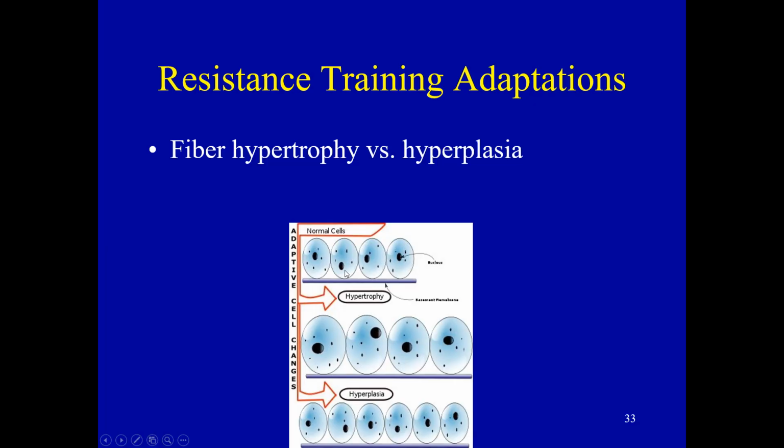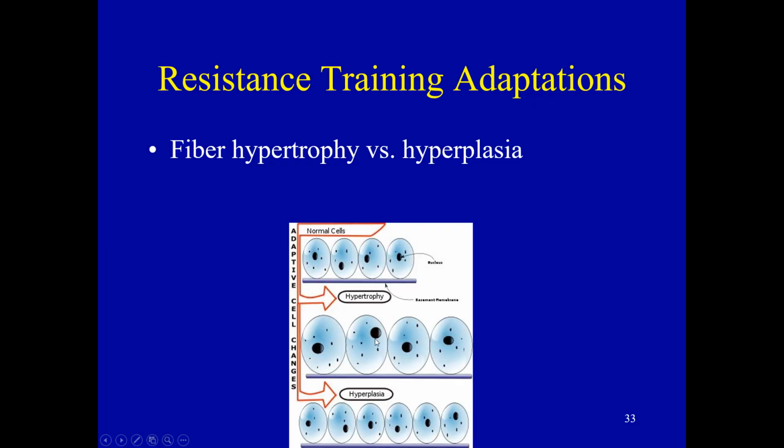Before training, we had 4 muscle cells in this case anyway. After training, we still have 4 muscle cells, but in this case, they just got bigger, and that led to an increase in muscle size. The other option would be this that you see at the bottom. So we started with 4 muscle cells, now we have 6, but they stayed the same size, so the muscle fibers stayed the same size, but they just increased in number.